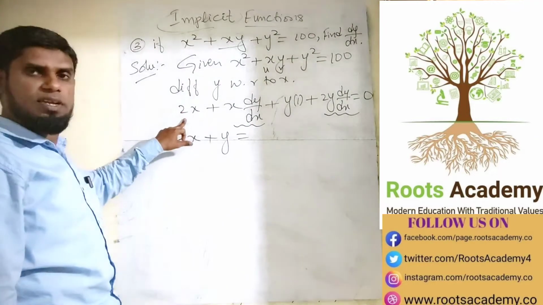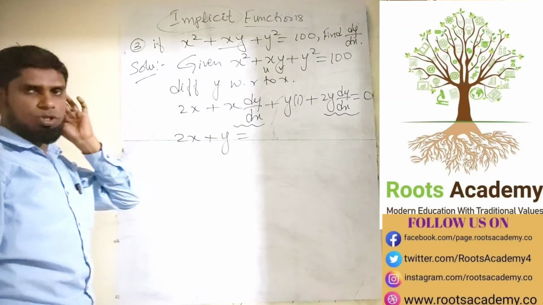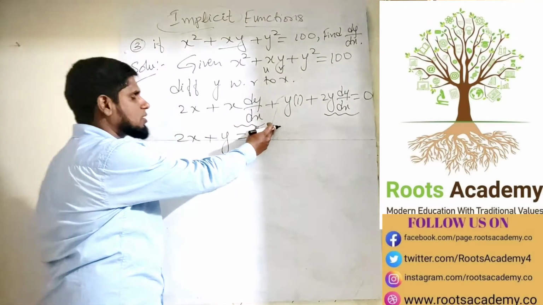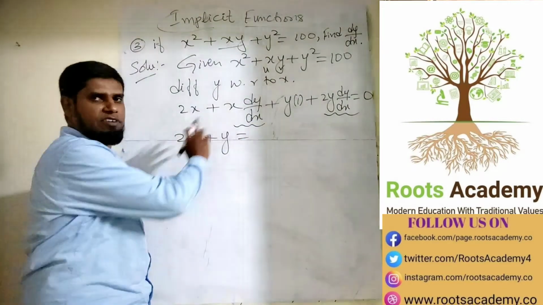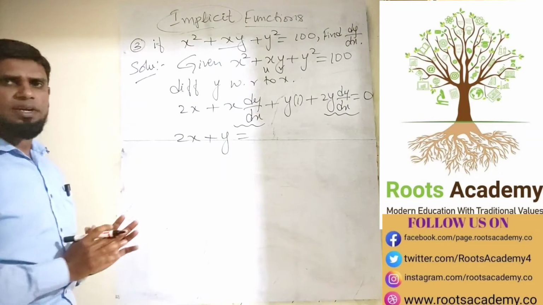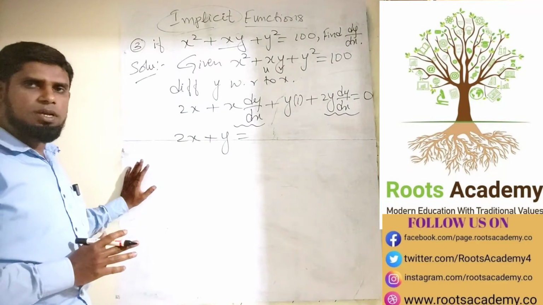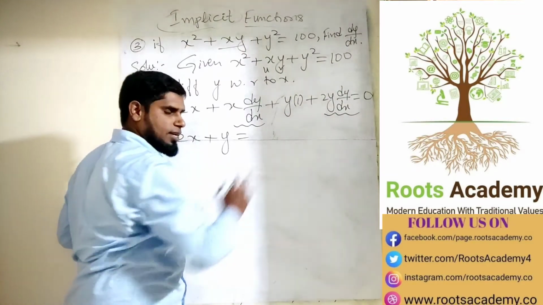If you want, we can shift the terms independent of dy by dx to the right hand side also. No issues. Either we should shift dy by dx terms, or we should shift the terms independent of dy by dx. Any particular terms we can shift, but make sure that dy by dx terms are on one side and terms independent of dy by dx are on the other side.